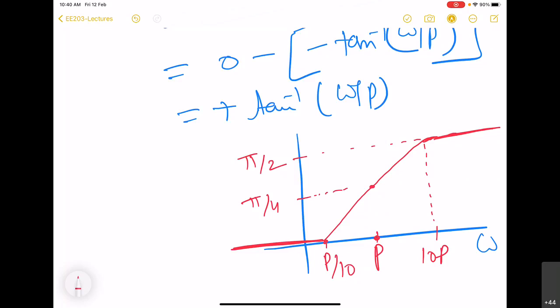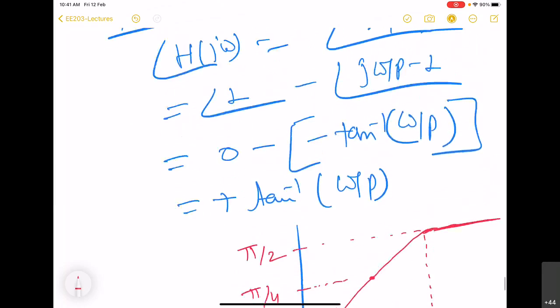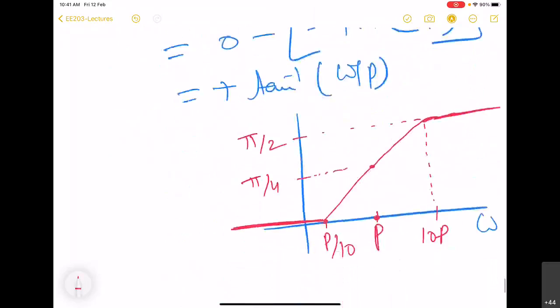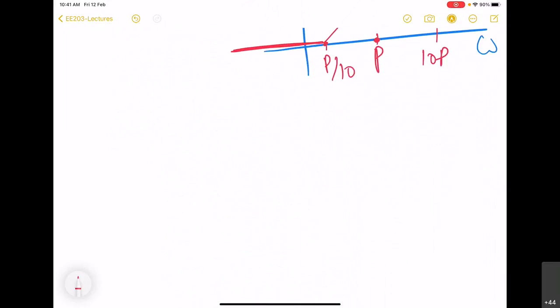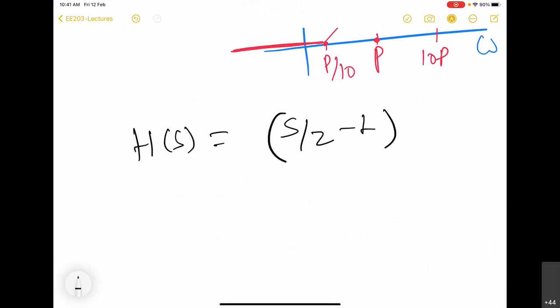So now we know all these cases. There's one more possibility here. What we considered up till now was a transfer function of this form, or a pole of this form.